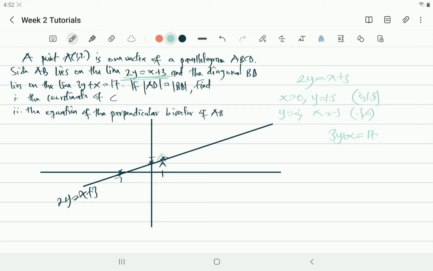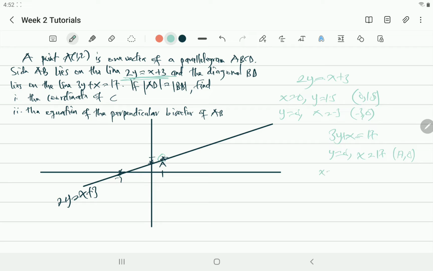But one thing we know is that the point B is already on the first line we drew. So wherever the next line we draw cuts the first line, that is where we call B. So let's draw this line. Using the same intercept method, if y = 0, we get x = 17. So that is one of the points, (17, 0).